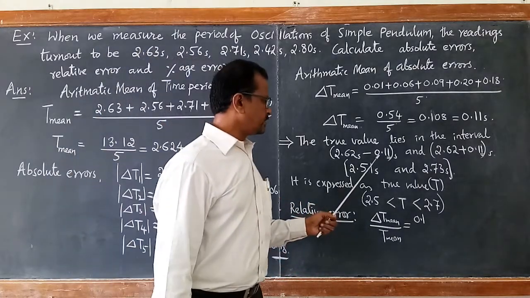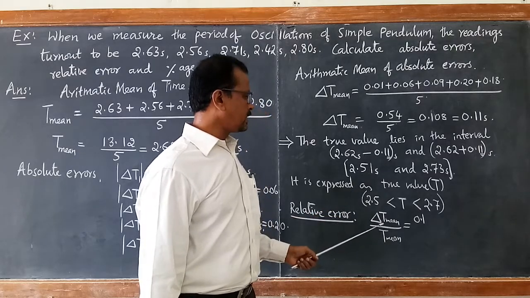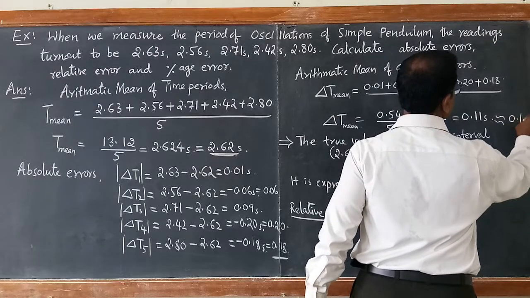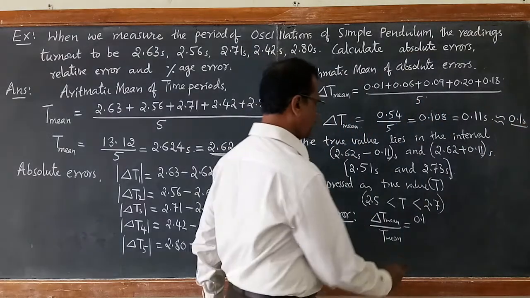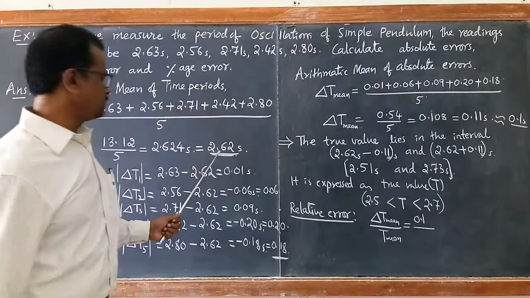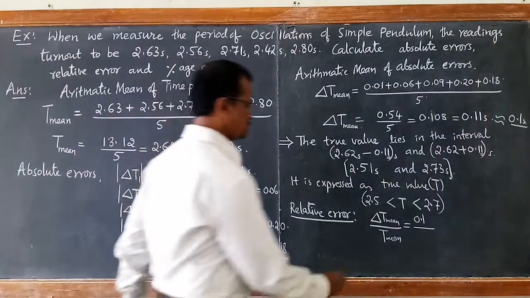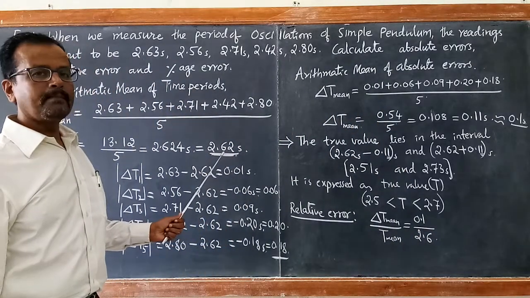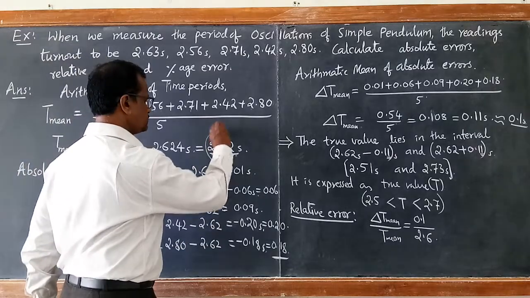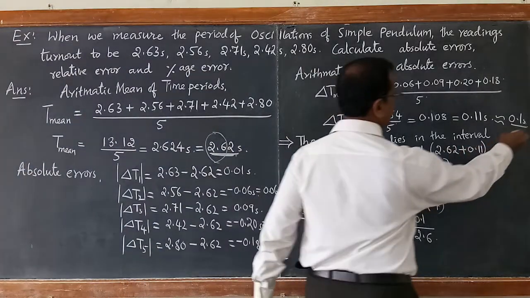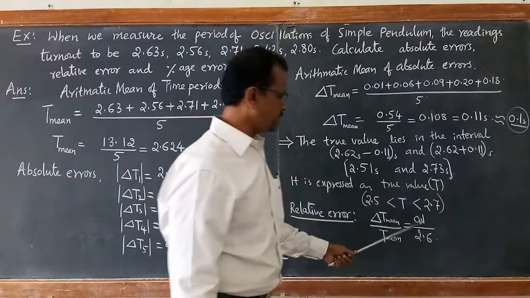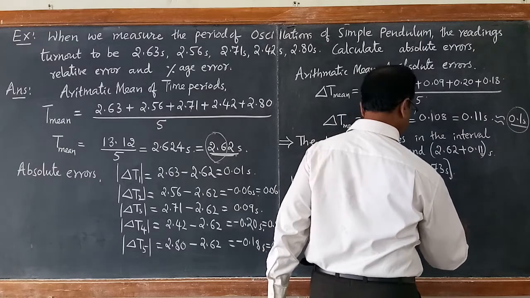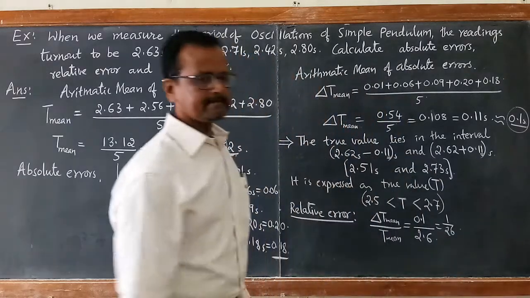So 0.1 second divided by T mean restricted up to first decimal, 2.6. So 0.1 divided by 2.6 gives us 1 by 26 as the relative error.